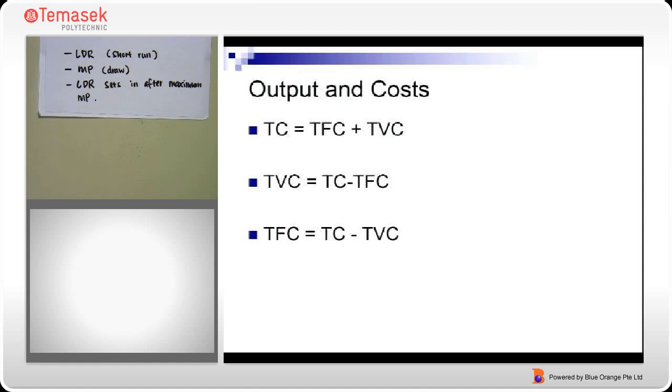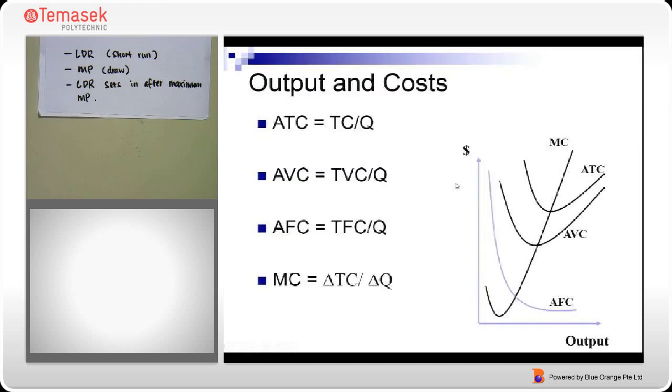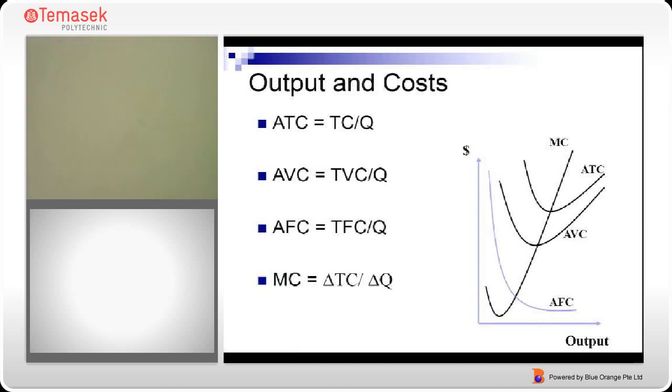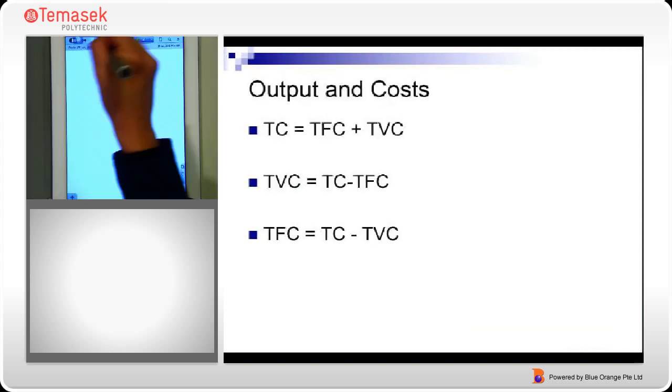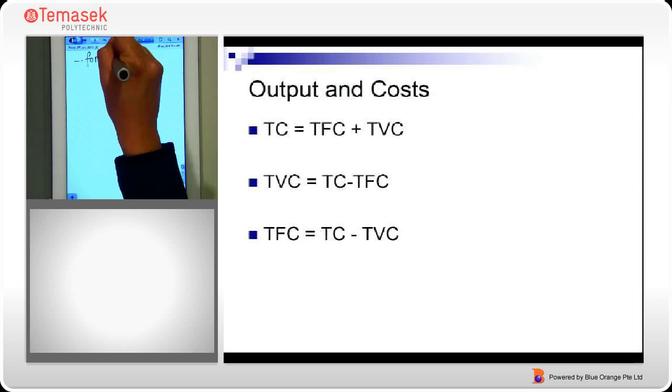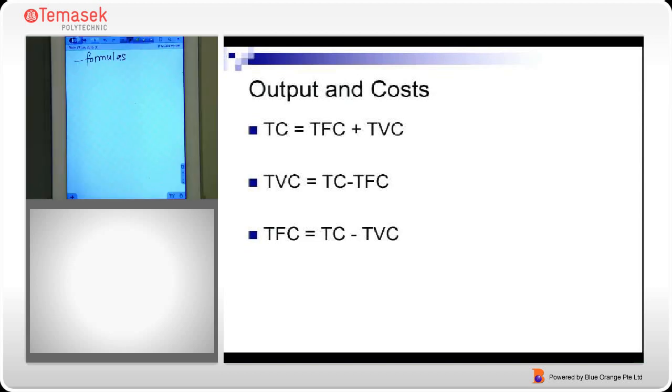You can move the equation around if it helps you in your calculation. And you need to know the shape in general of all the cost curves. So output and cost, know the formulas. That's the first part.